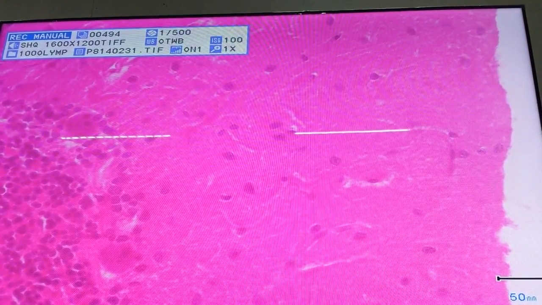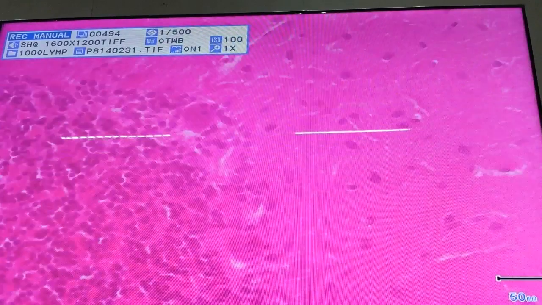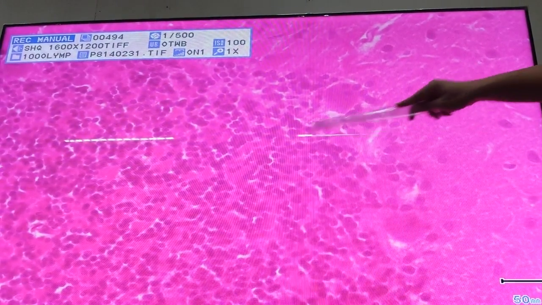And then you have the Purkinje cell, which has dendrites that proceed into the molecular layer. And then you have the granular layer containing small round cells called the granule cells.